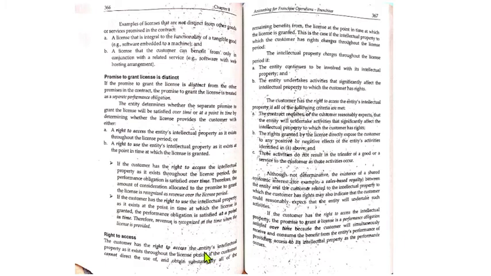The customer has the right to access the entity's intellectual property as it exists throughout the license period if the customer cannot direct the use of and obtain substantially all of the remaining benefits from the license at the point in time at which the license is granted. This is the case if the intellectual property to which the customer has rights changes throughout the license period.